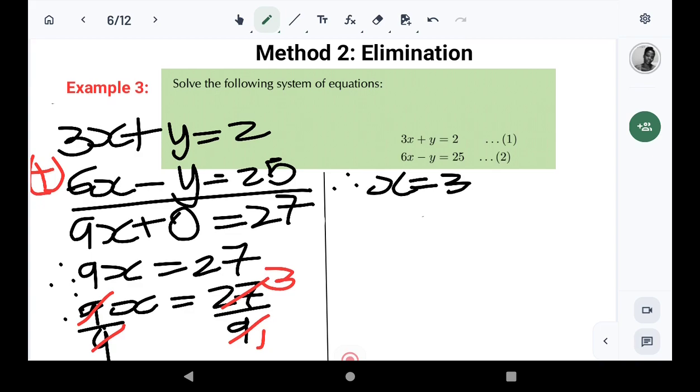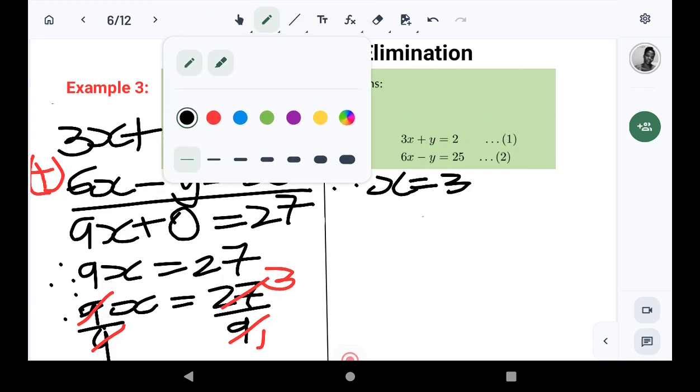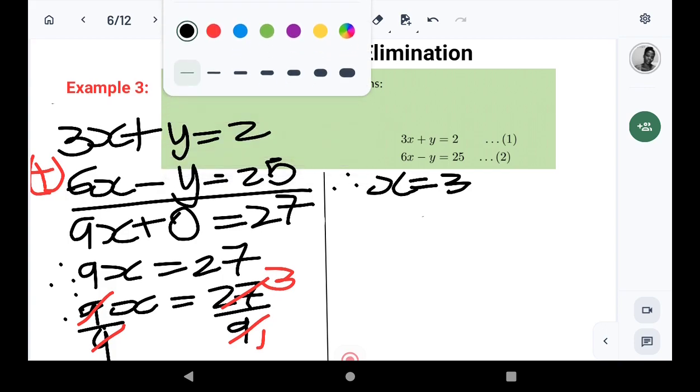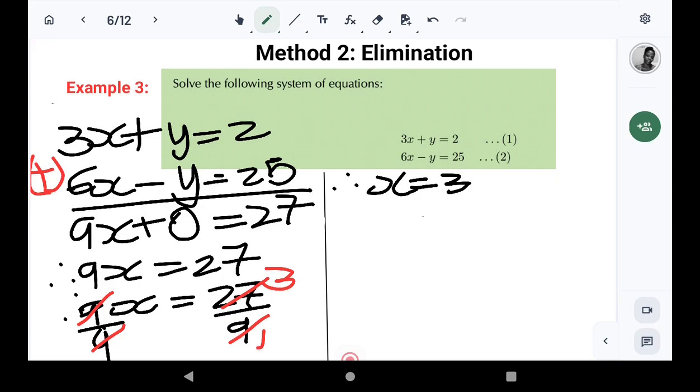Now you substitute this back into any of the equations. In the case of elimination, when it comes to substitution, choose whichever equation is the simplest. I choose number 1 because that is the easiest. Always work with the easiest, because that way you minimize the number of mistakes you make. Substitute into 1.